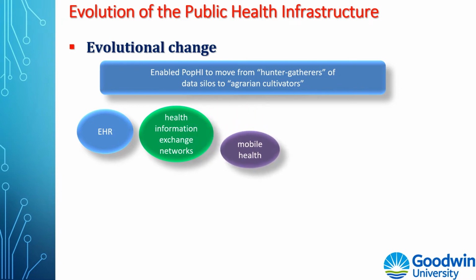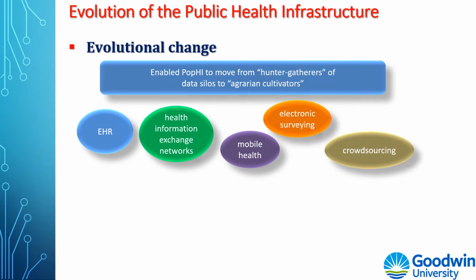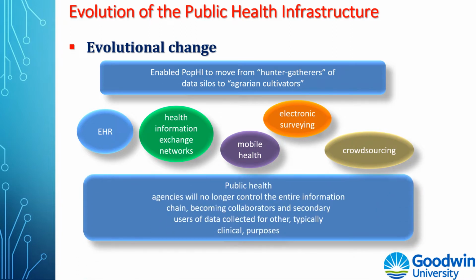You couldn't really just reach out and say, oh, give me EHR data and I want to correlate that with health information networks, etc. They didn't exist, not like that. But with the advent of new infrastructures, now we can actually look at these as one large ecosystem together.